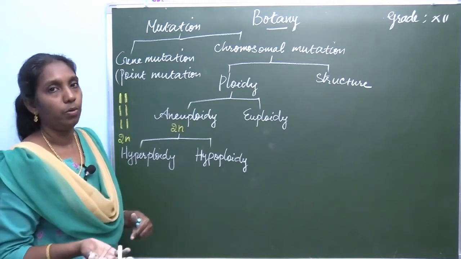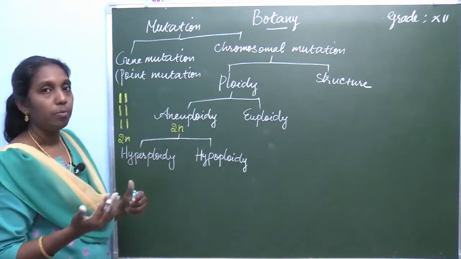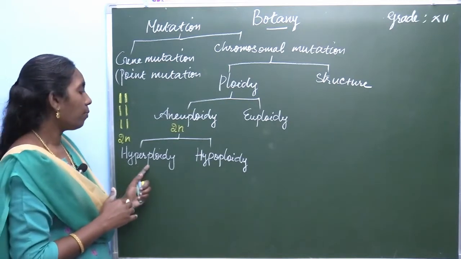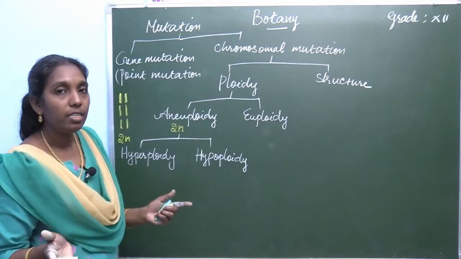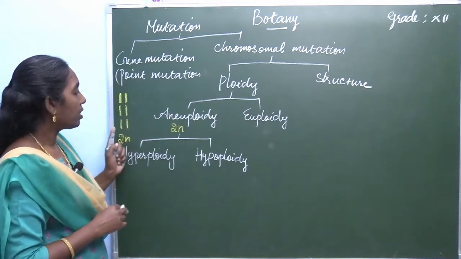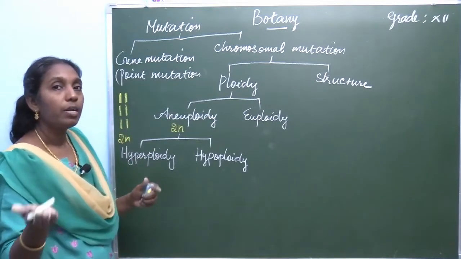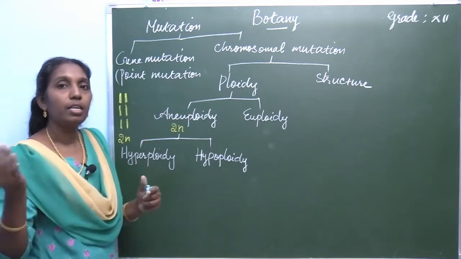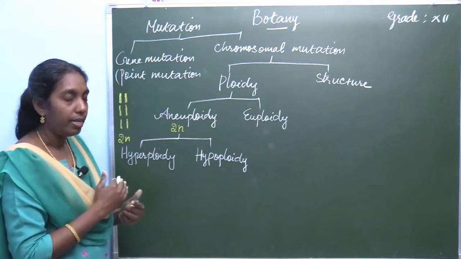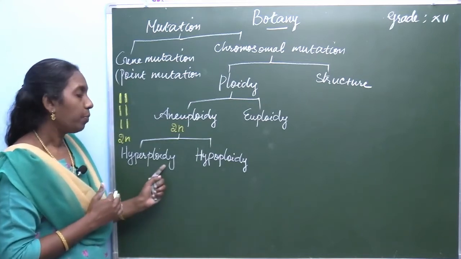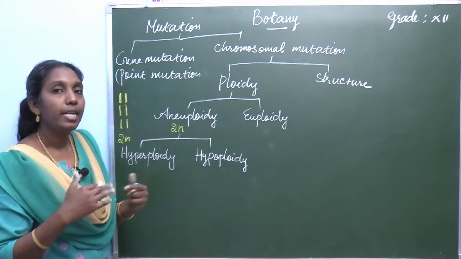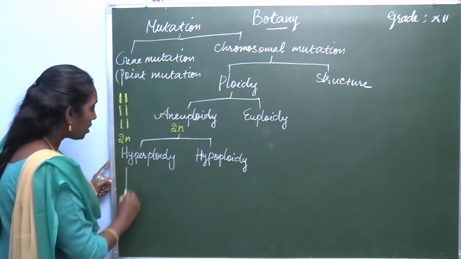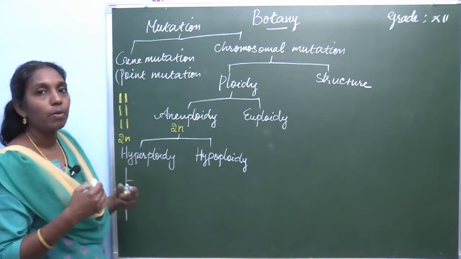Hyper is by addition of chromosomes, hyperploidy. Hypo is deletion of chromosomes. Within this diploid set, if any extra chromosomes are added to the normal set, that is called hyperploidy. If any number is deleted, it is called hypoploidy. So based on this, hyperploidy is again classified.